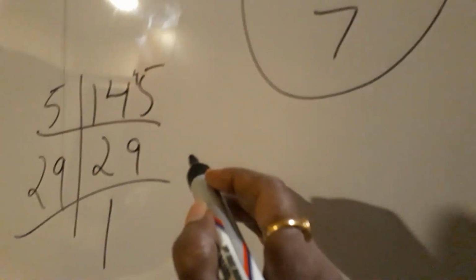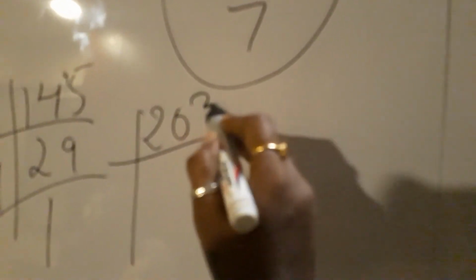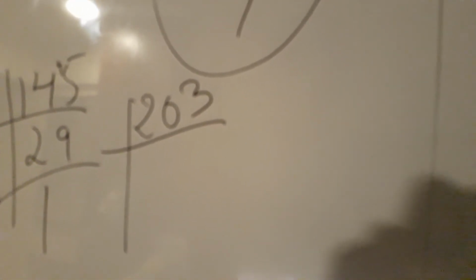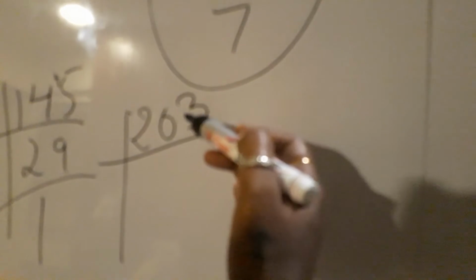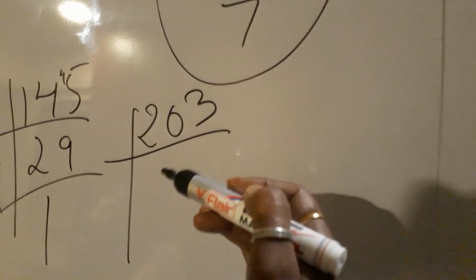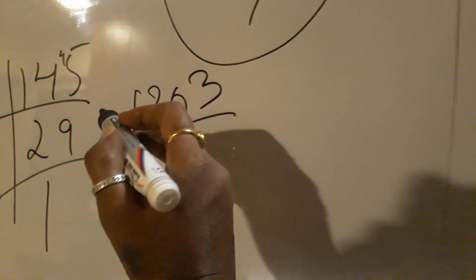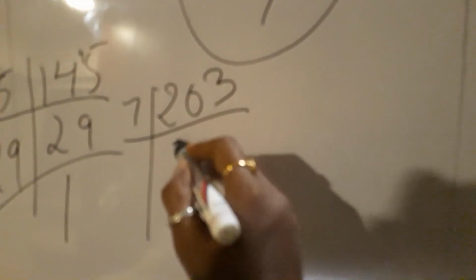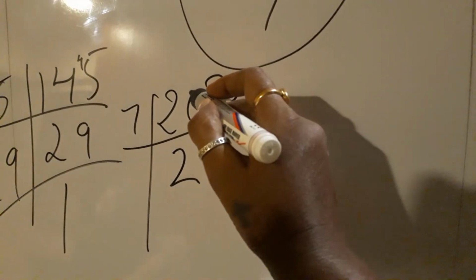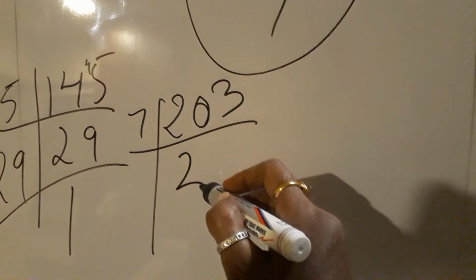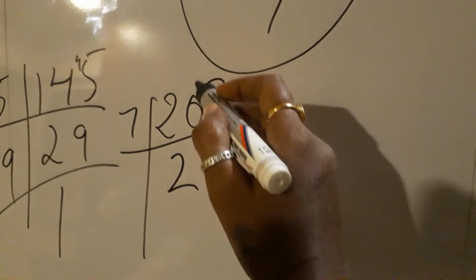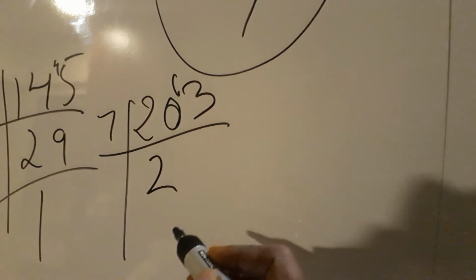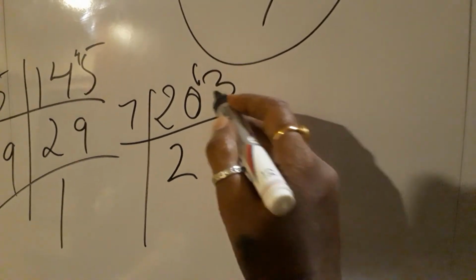Now we'll check out for 203. So which table can go in this? 3, no. 3 6s are 18, 19, 20, 23, no. Then we'll go for 7's table. 7 3s are 21. So 7 2s are 14. This is 0. 7 2s are 14. 20 minus 14, 6. 6 carried for 6 about 3 gives us 63.